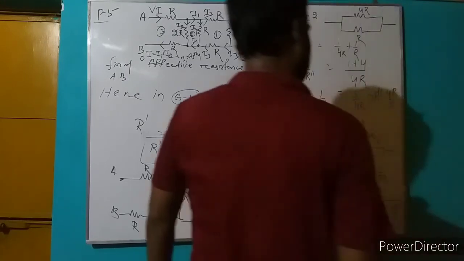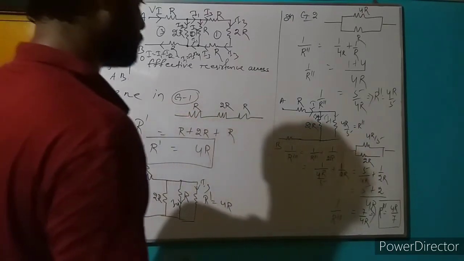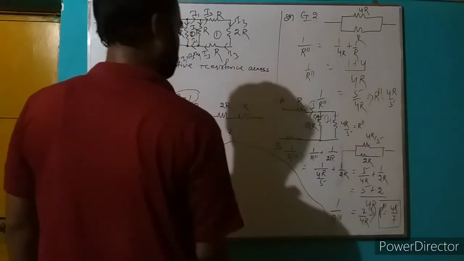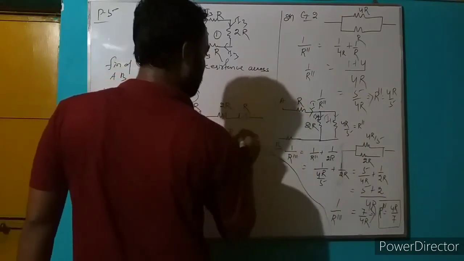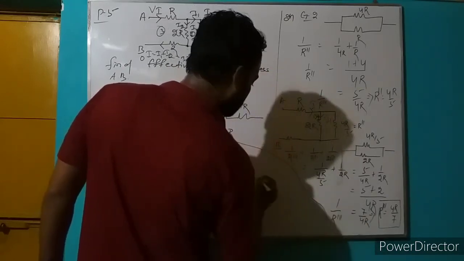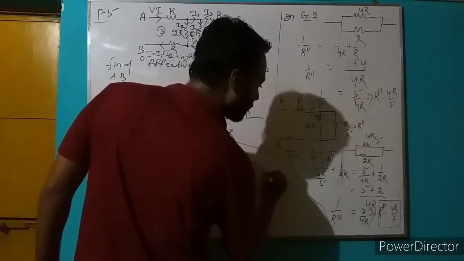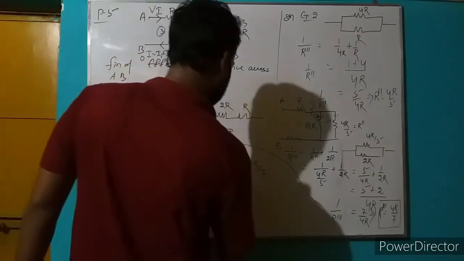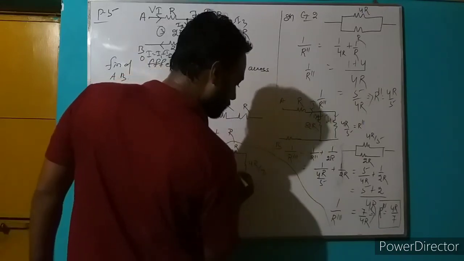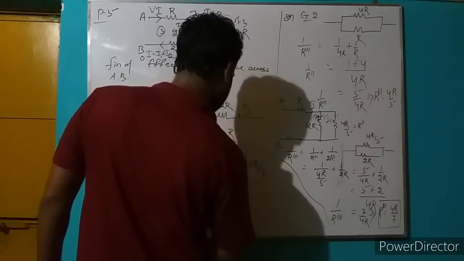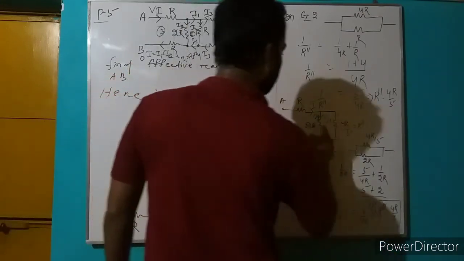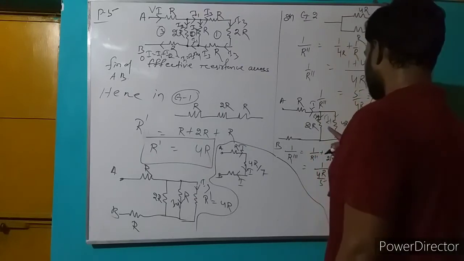Here we draw that circuit: R triple prime equals 4R by 7, and that is also R. That is A and that is B. So the current I is here and that is also the current I, because I1 and I2 are added, since they are connected in parallel.